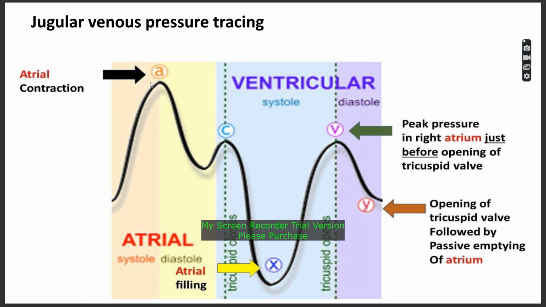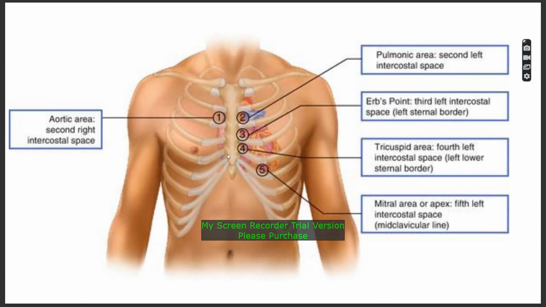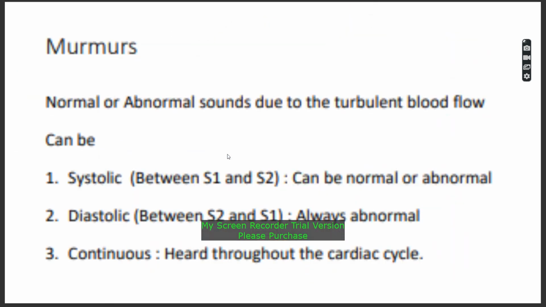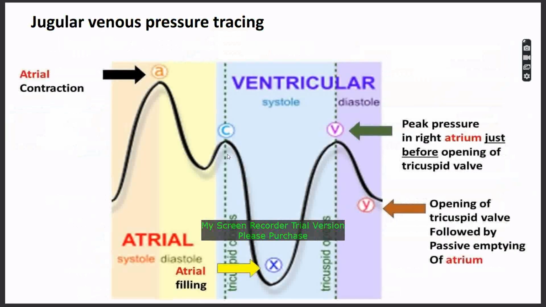So you can see this is atrial contraction. In the atrial contraction you can see the A wave. The A wave is the bulging of the atrioventricular valves towards the atria during the contraction.